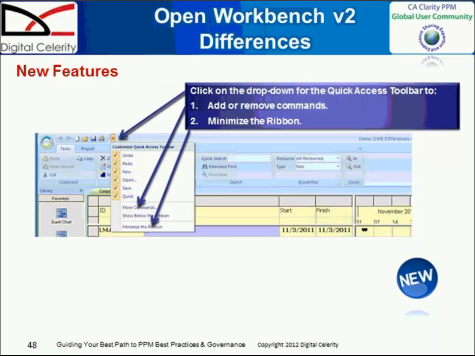You can access the quick access toolbar, which allows you to change the ribbons, minimize the ribbons, change the view, and add or remove commands within this particular view that you have.